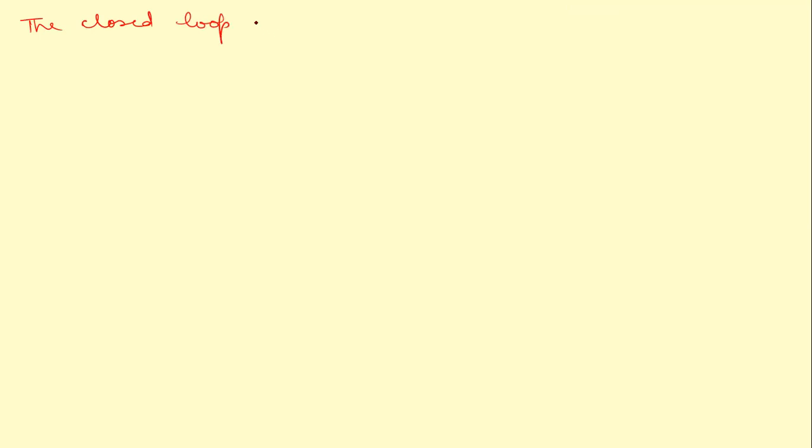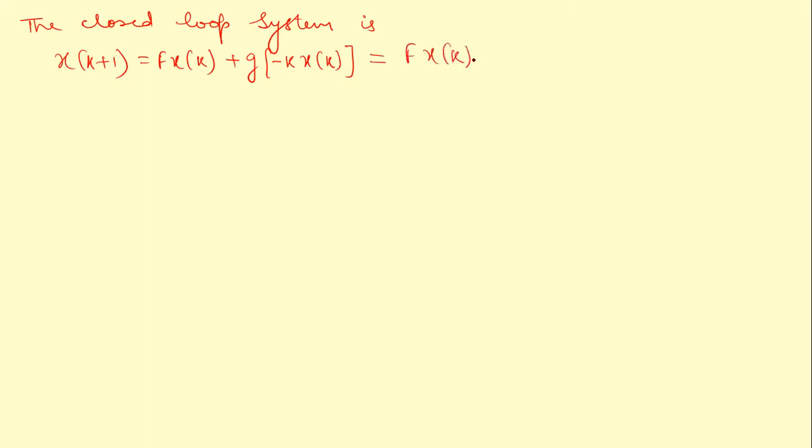So we have x(k+1) is equal to F x(k) plus G times minus K x(k). We have simply replaced u(k) with minus K x(k) here, so it will give me F x(k) minus G K x(k), and hence I'll get x(k+1) is equal to (F minus GK) x(k).